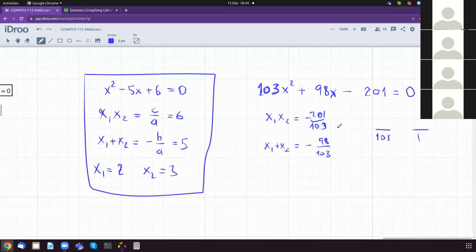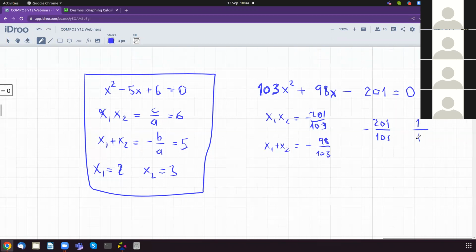And the product is 201. So how about that? 201 and 1. And one of them goes with a minus. Oh, look at that. It works.